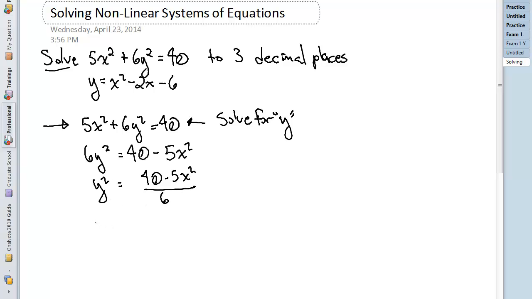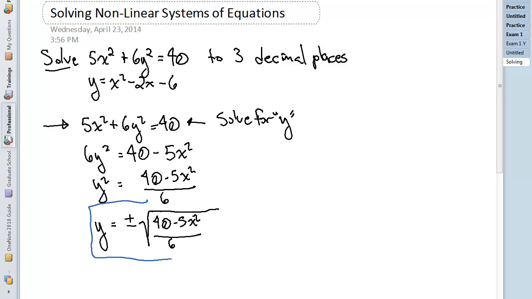And then to get rid of the square, y is equal to, now I need a positive square root and a negative square root, so you need the principal and the negative root, of 40 minus 5x squared all over 6. And the parabola is already solved for y, so I'm going to plug this into the calculator.